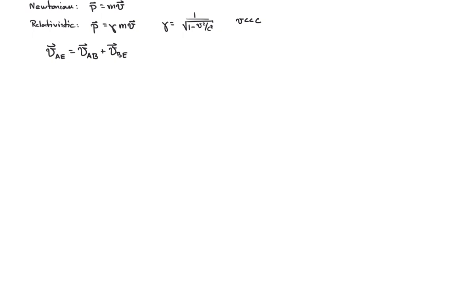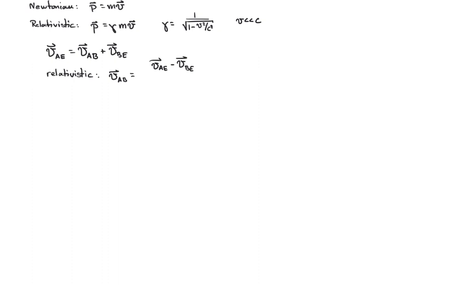So for our relativistic definitions of relating these velocity measurements, I have the velocity of A relative to B is going to equal the velocity of A relative to the Earth minus the velocity of B relative to the Earth.